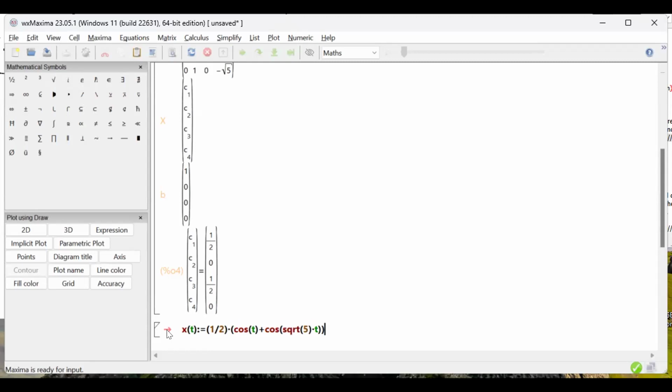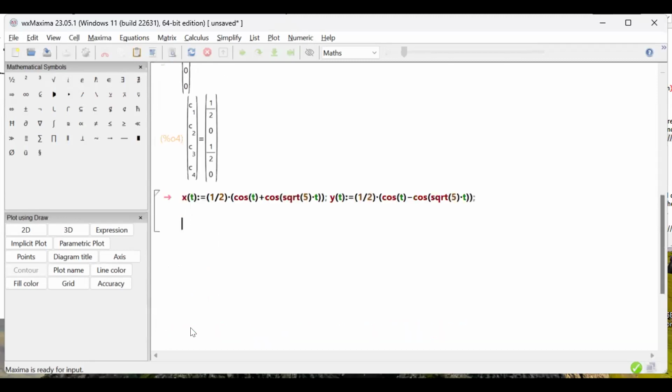Then y of t looks like the same thing: a half times cosine of t minus the cosine of the square root of 5 t. Very similar, just off by a sign.